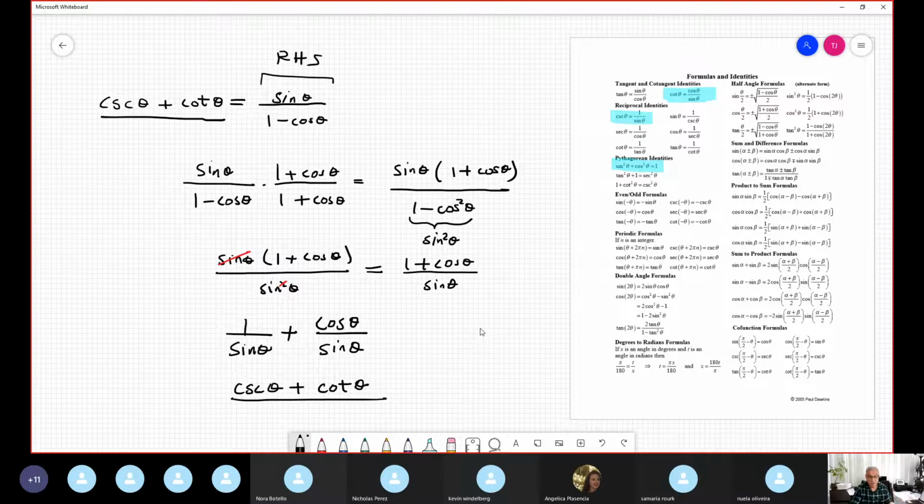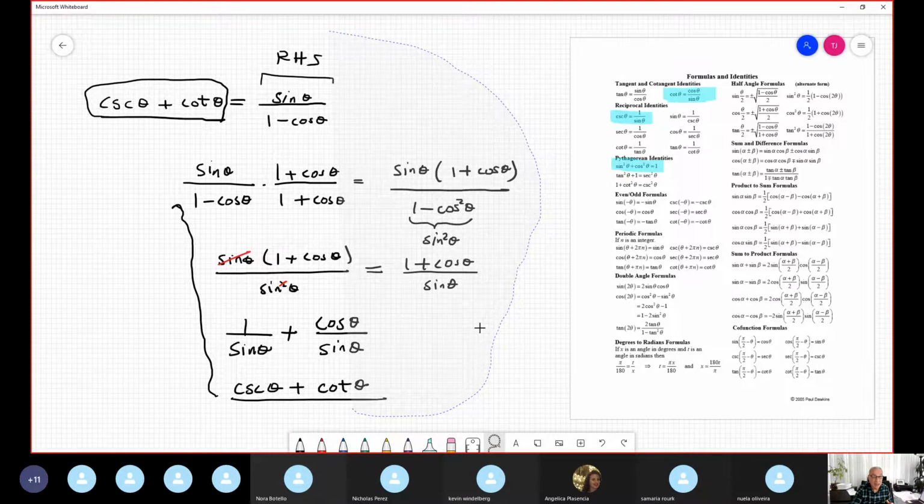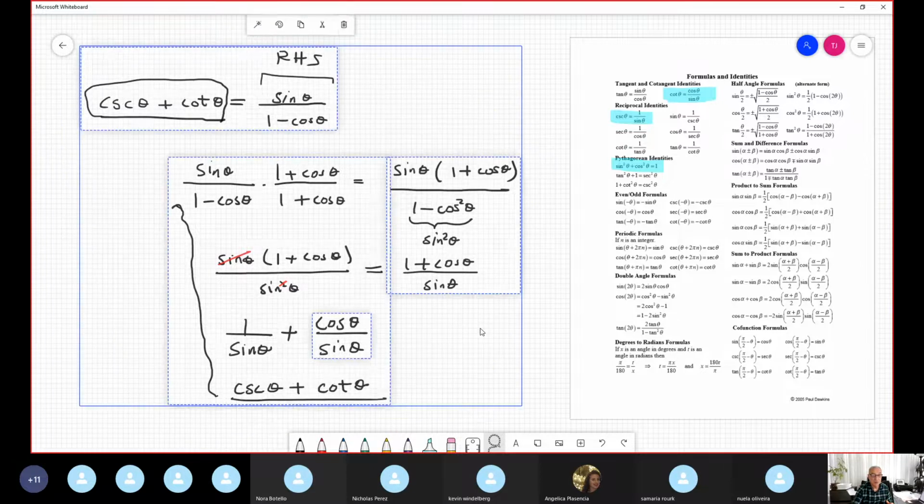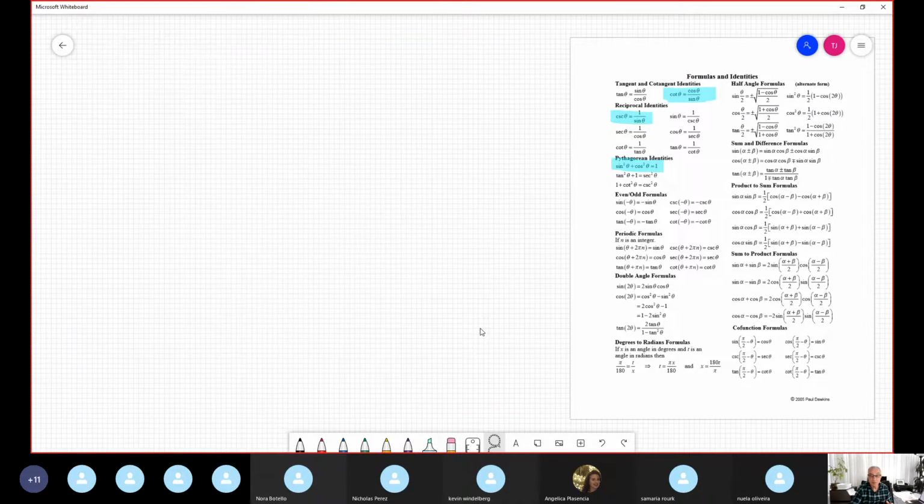Maybe another student selects this and manipulates backward in that direction and gets the same answer. Okay, I got it. Thank you, Professor. There is no unique way to do this. Use your imagination, common sense, and the cheat sheet. The cheat sheet is extremely important.